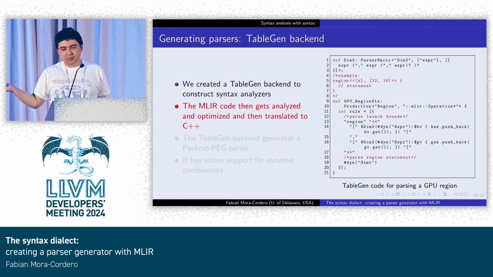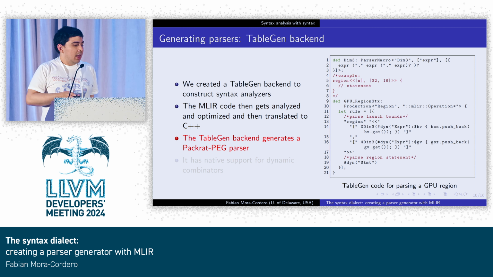And as it can also be seen in the figure, it has support for saying, hey, I need this code block to be executed after this. So it is pretty nice to start working on things that are not traditionally supported by other syntax analyzers.